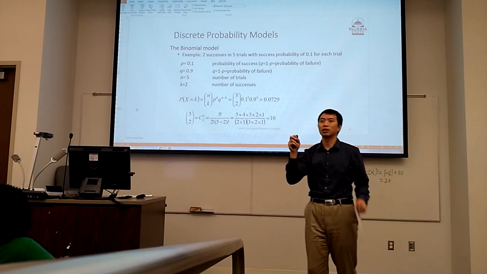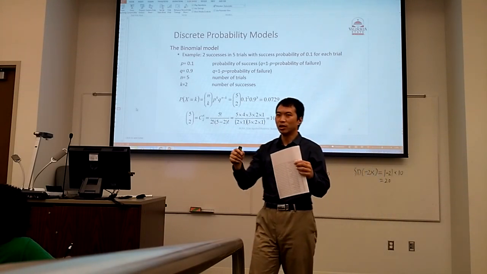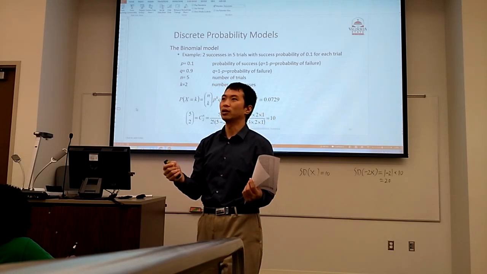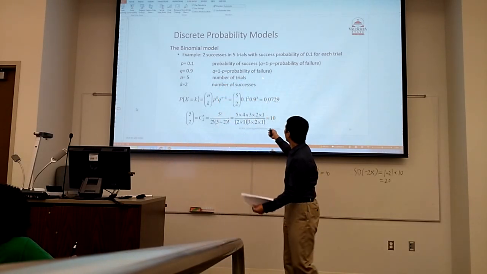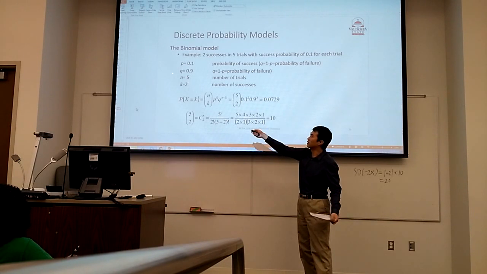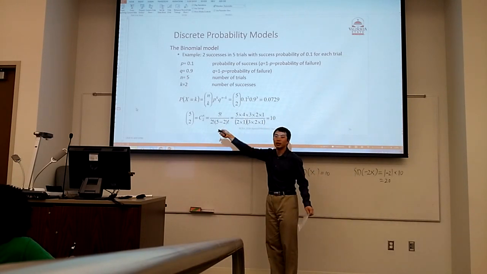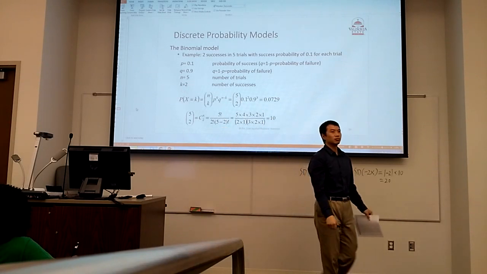Let's not confuse the number of trials with the number of successes. The parameter we need to use here, N, is the total number of trials, and K here is the number of successes.